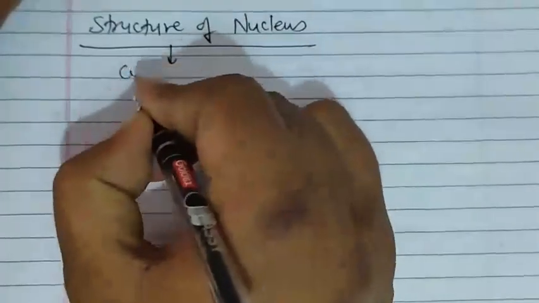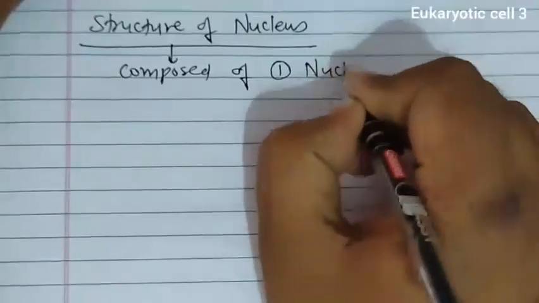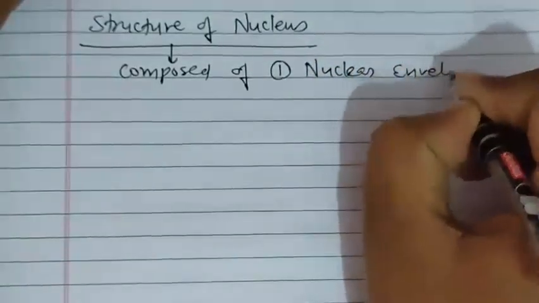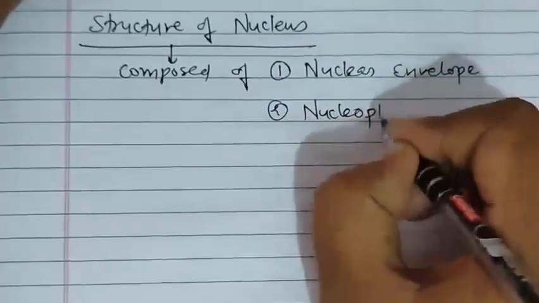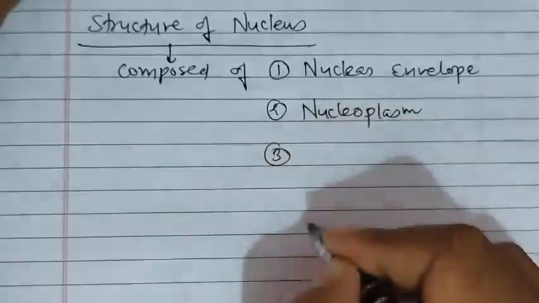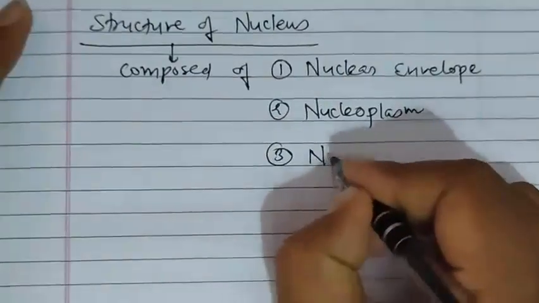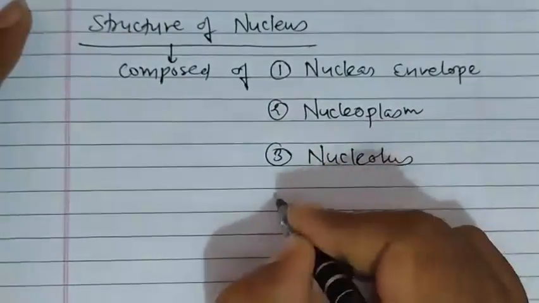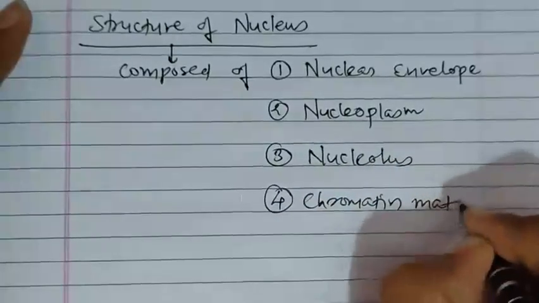Now we talk about the structure of the nucleus. The nucleus is composed of, number 1, the nuclear envelope, second, nucleoplasm, third, nucleolus, and fourth, chromatin material.